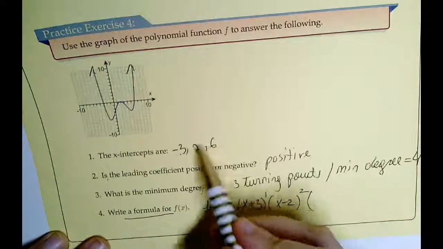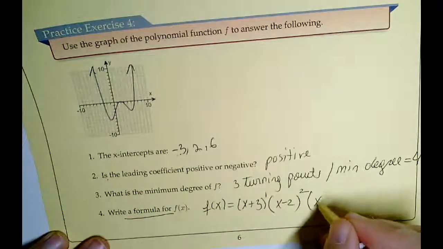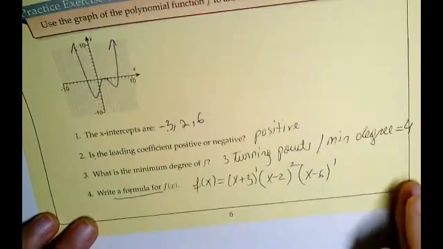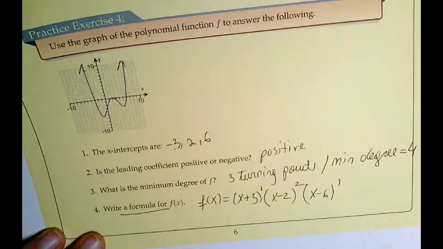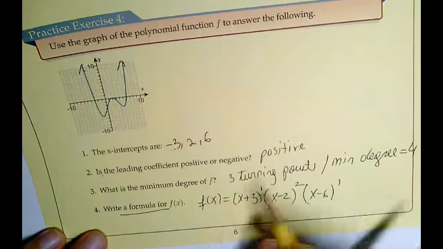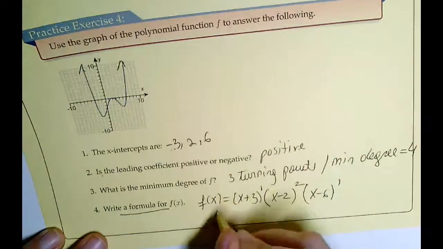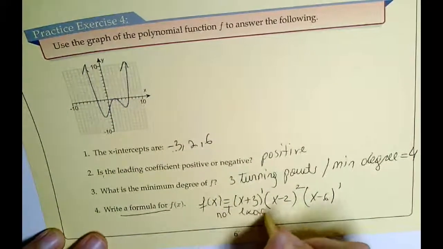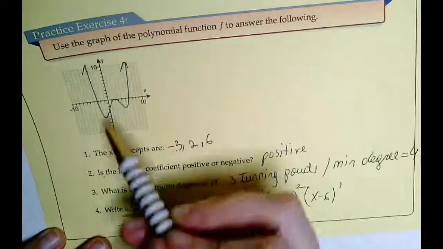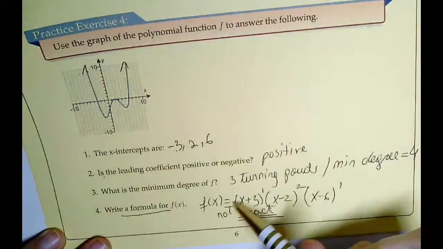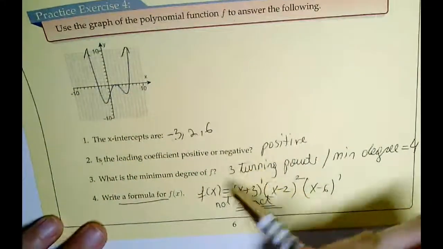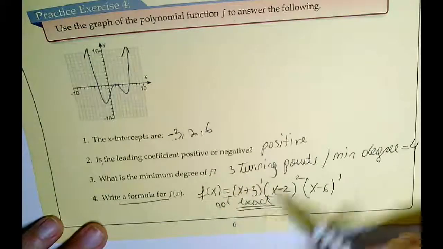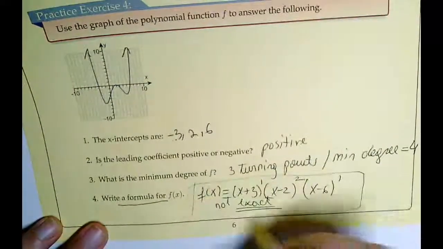And then at 6, it straight up crosses, so x minus 6 with degree 1. But this is not exact. We could get it exact by using other points and letting the leading coefficient be a certain value and solving for it. But this is good enough for our purposes right now.